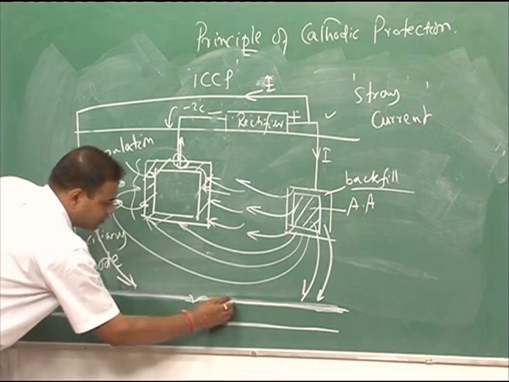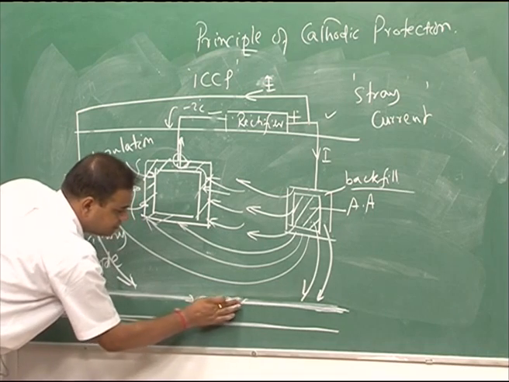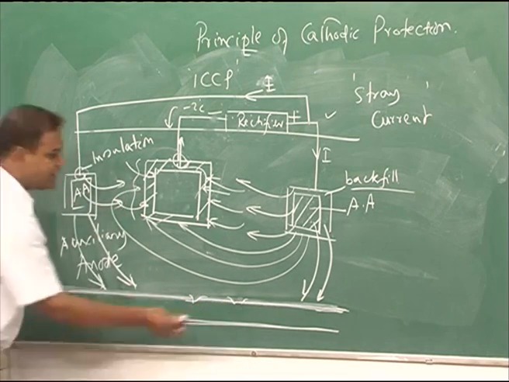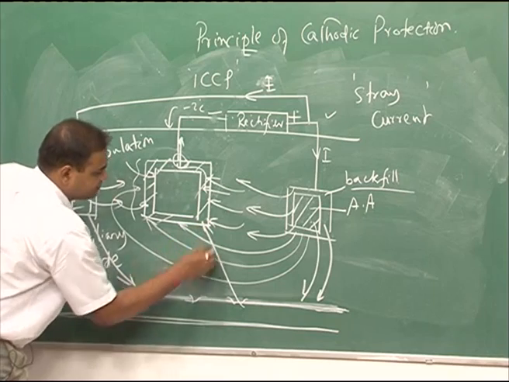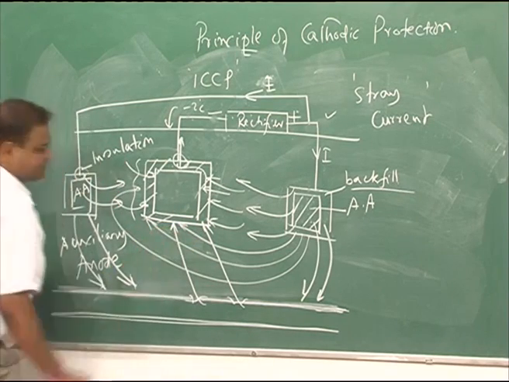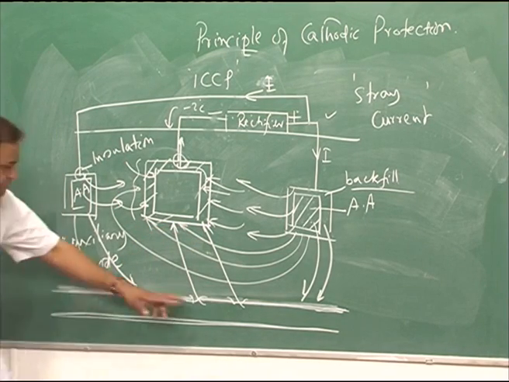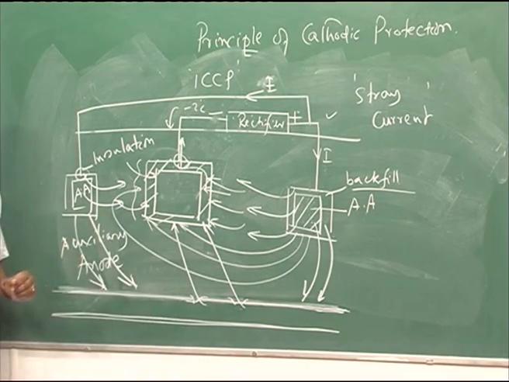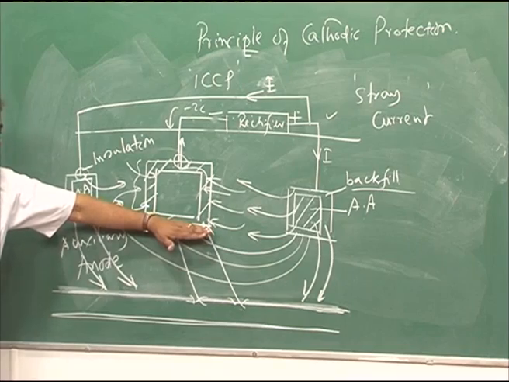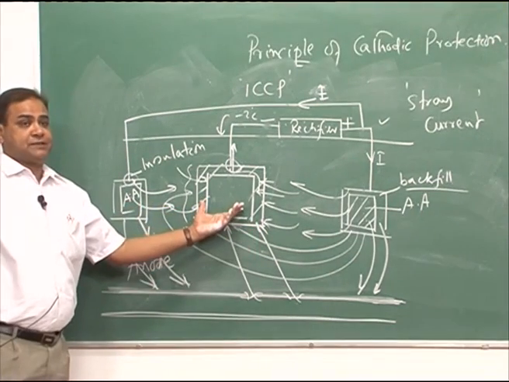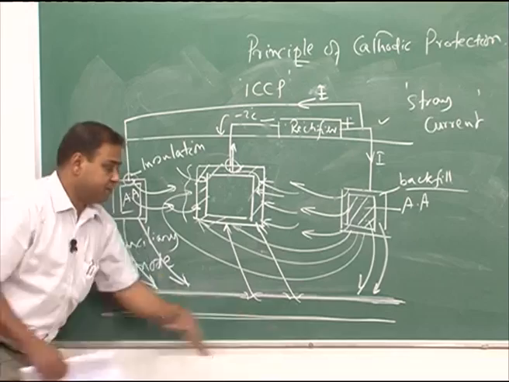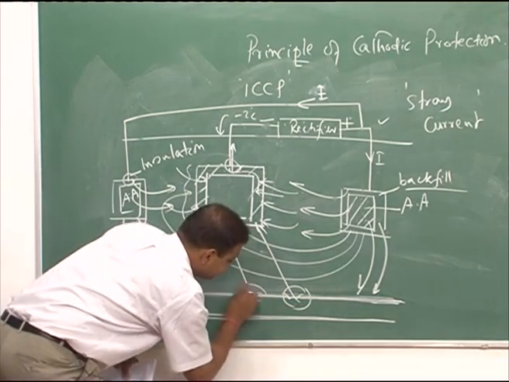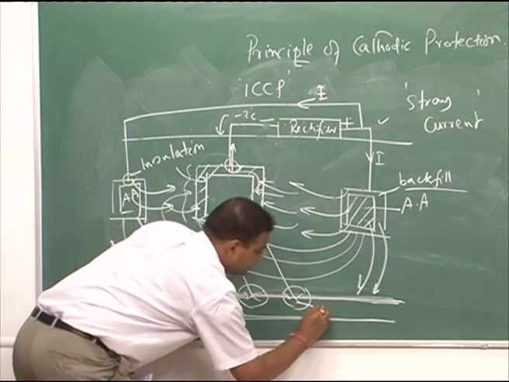Some part would be exposed to the electrolyte. So, the current will leave from this surface and enter into the system. If current leaves this pipeline and enters into the system, this part is protected because current is always entering into the system. But since the current is leaving the pipeline here, this part would be corroded.